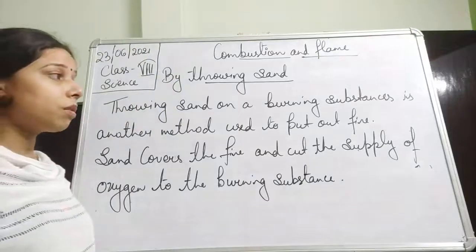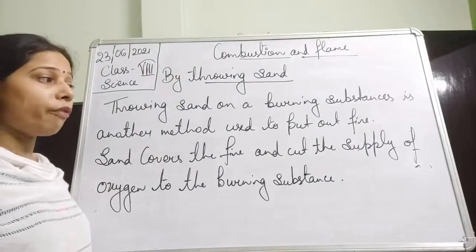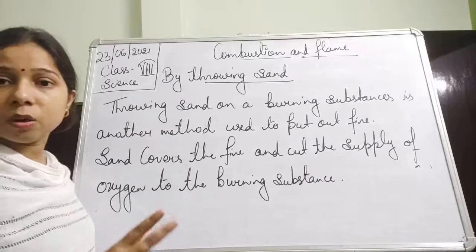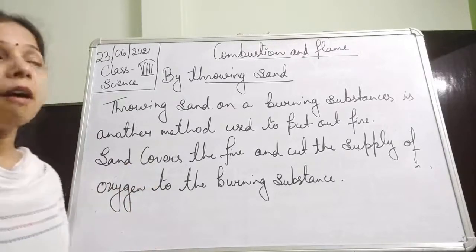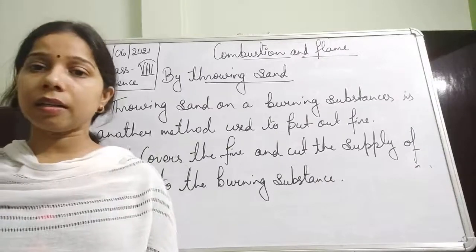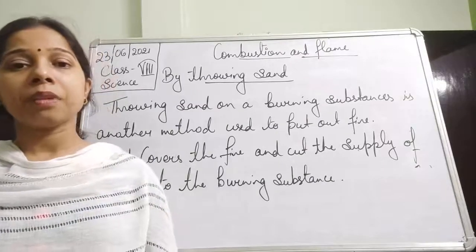So if we throw sand on the burning substance, obviously it will help in cutting off the supply of oxygen, and that will ultimately help in extinguishing the fire. So this is another method by which we can easily extinguish fire.